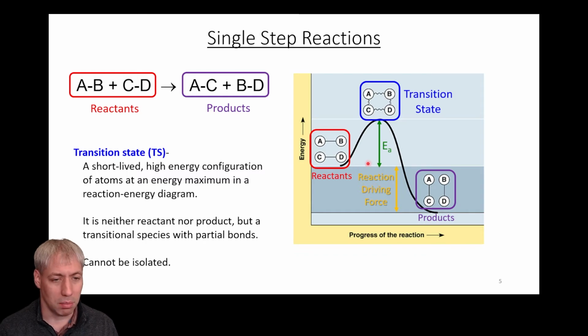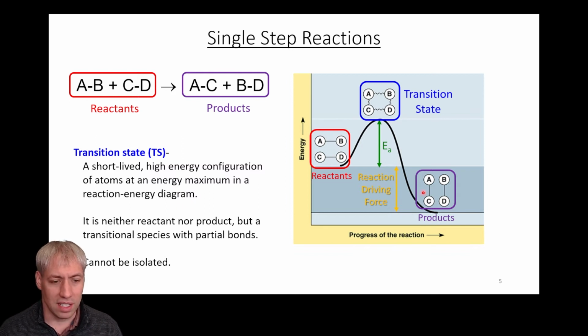Bonds are making, bonds are breaking, and you're going up the hill, and you're going to reach something called a transition state. And basically, what is the molecular or atomic composition? How are atoms connected at the high energy point? And so here's the formal definition. It's a short-lived high energy configuration of atoms at the energy maxima in the reaction energy diagram.